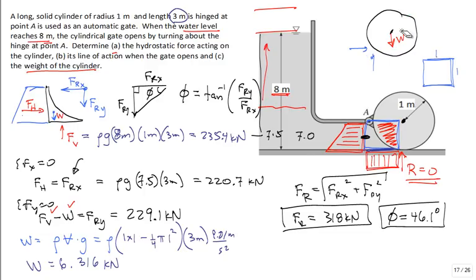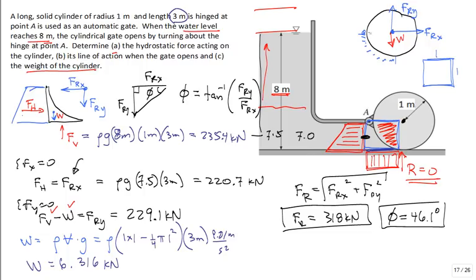So, using the principle of transmissibility, F of Rx and F of Ry can be transmitted to be applied right at the middle of that, even though it's due to this distributed hydrostatic load from the hinge A to the floor.